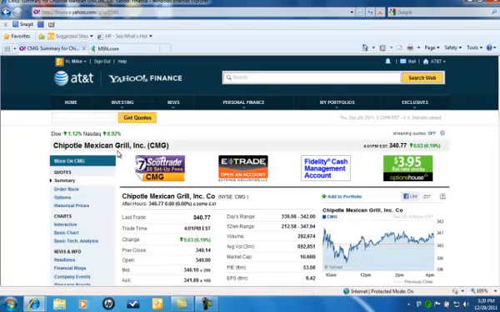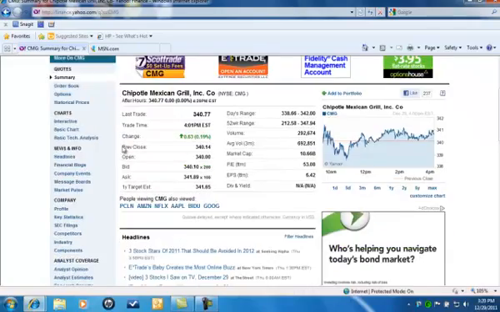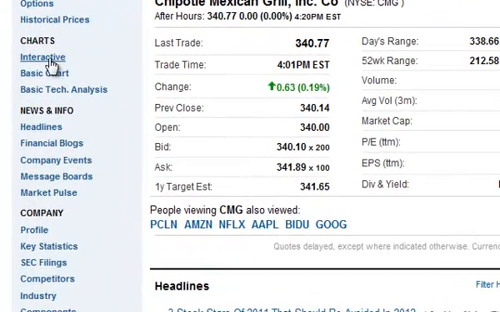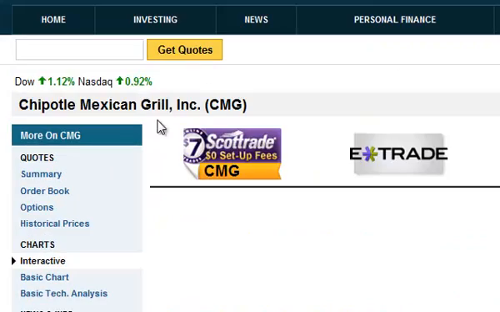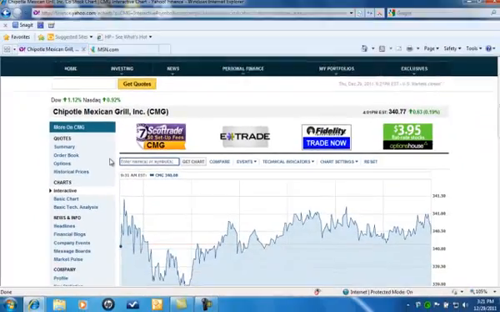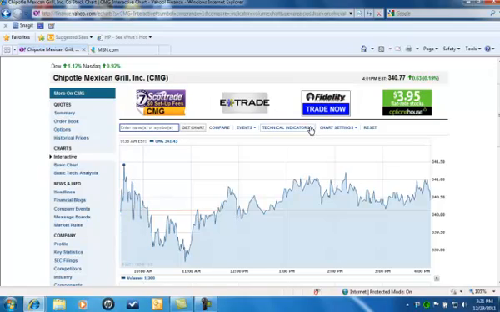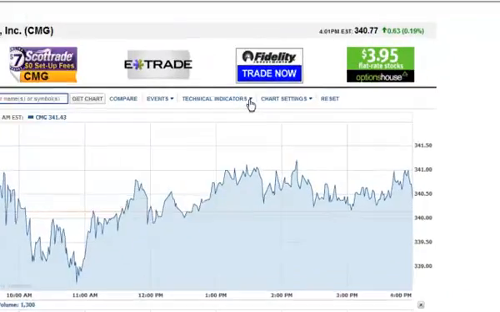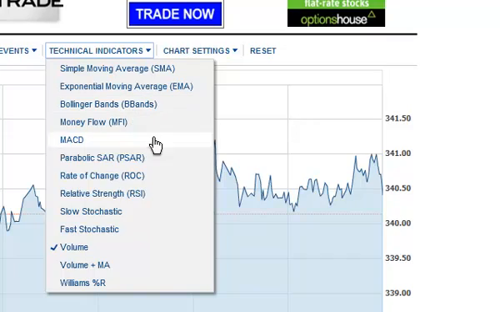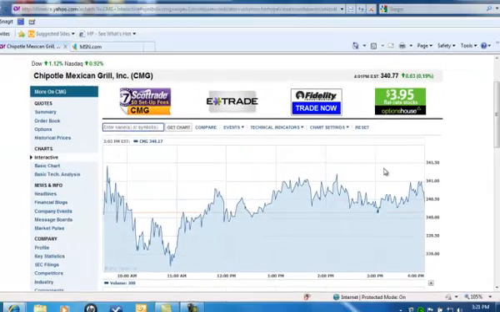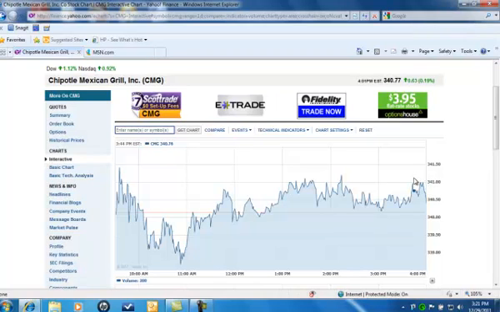Okay, here's Chipotle's, and the first type of analysis is the technical analysis. In the technical analysis, you have technical indicators, and there are all types of technical indicators. What the technical analysis does for you is it tells you when to buy a stock, not what to buy.